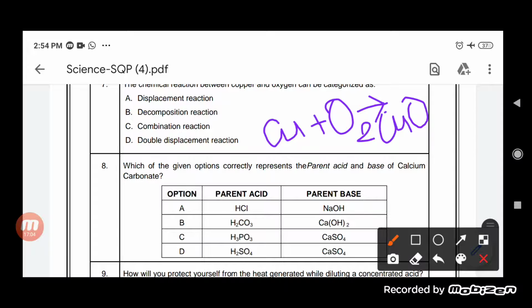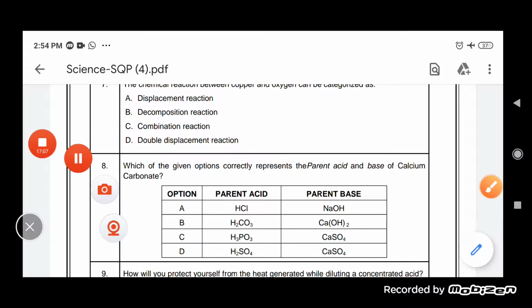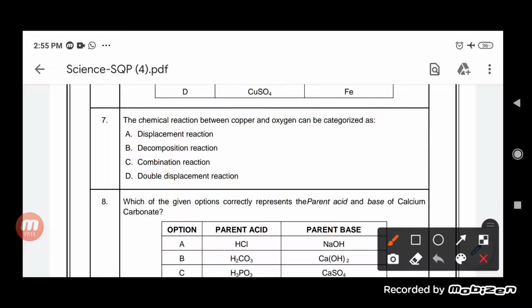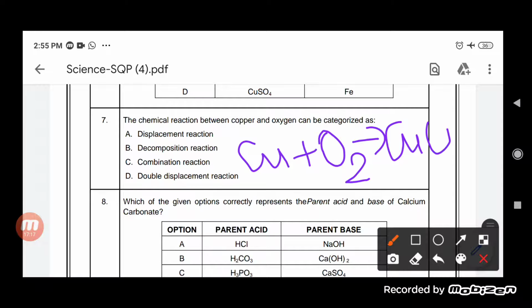As you can see here, in this reaction copper reacts with O2 to form CuO. So two reactants combine together to form a single product. So this is an example of a combination reaction.